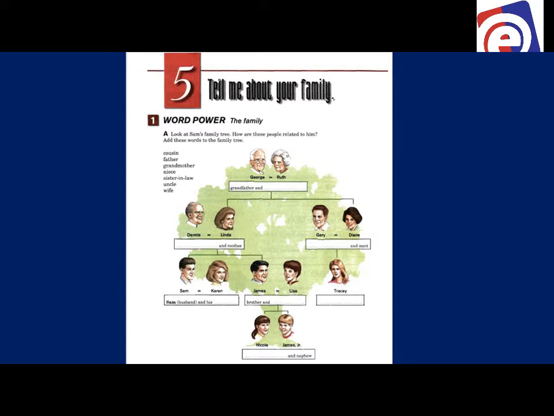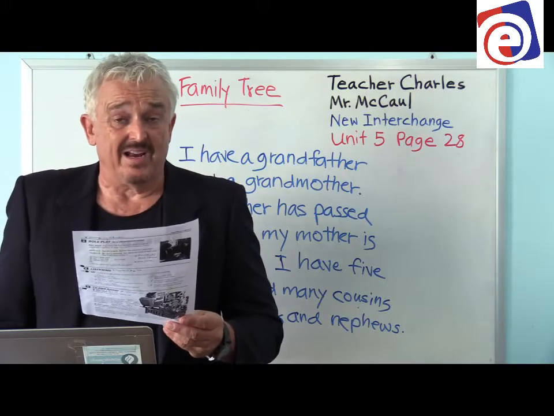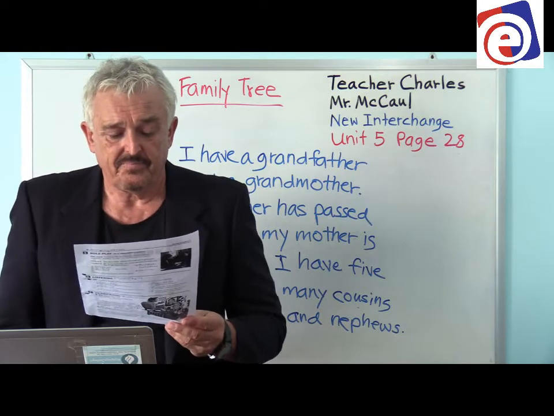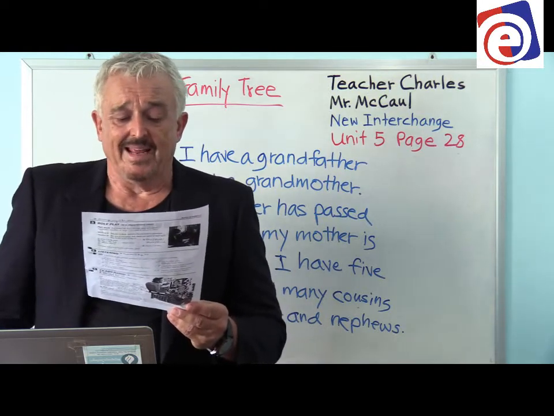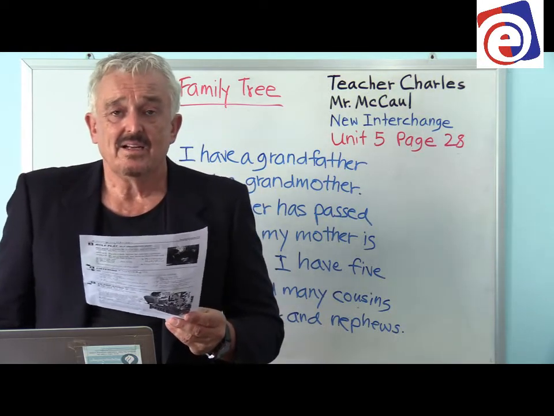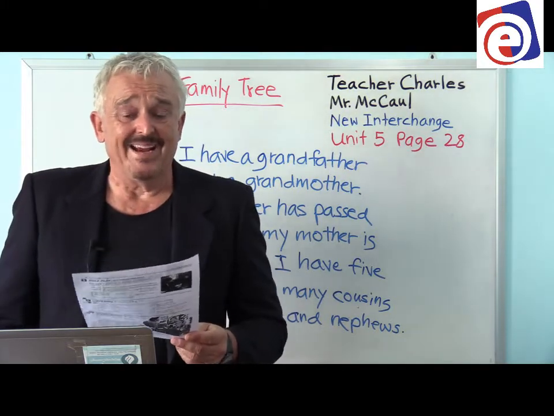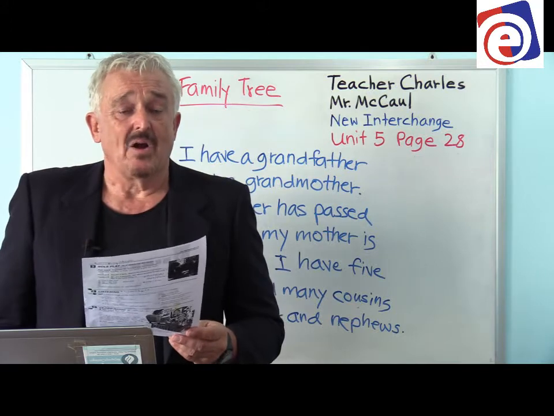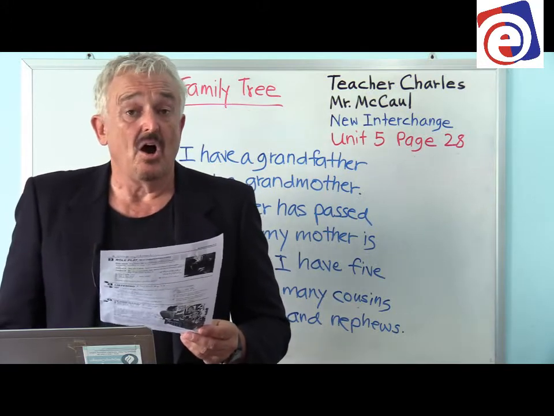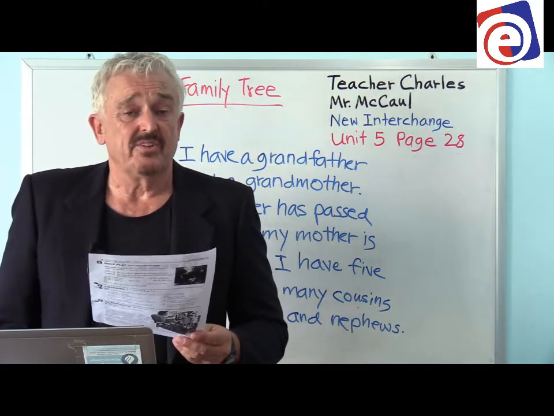Okay, and so I'm going to say them again. I want you to make sure that you write them in your book. George and Ruth are the grandfather and grandmother. Dennis and Linda are father and mother. Gary and Diane are uncle and aunt. We use are because there's two of them.